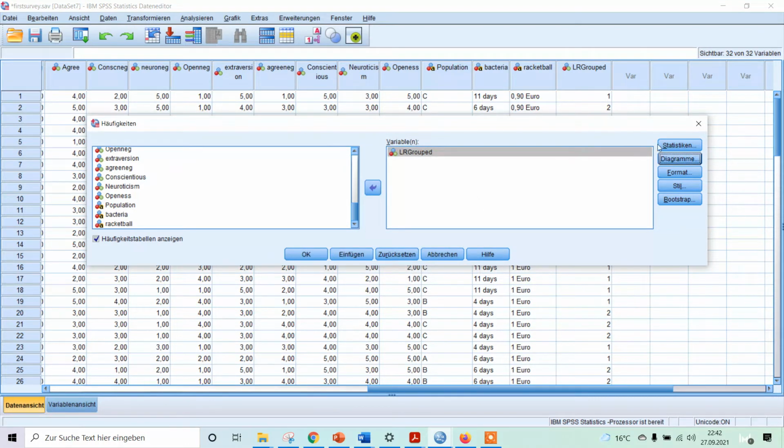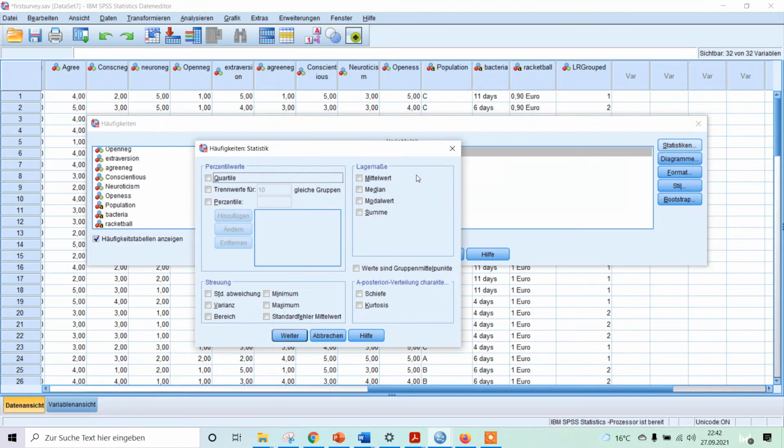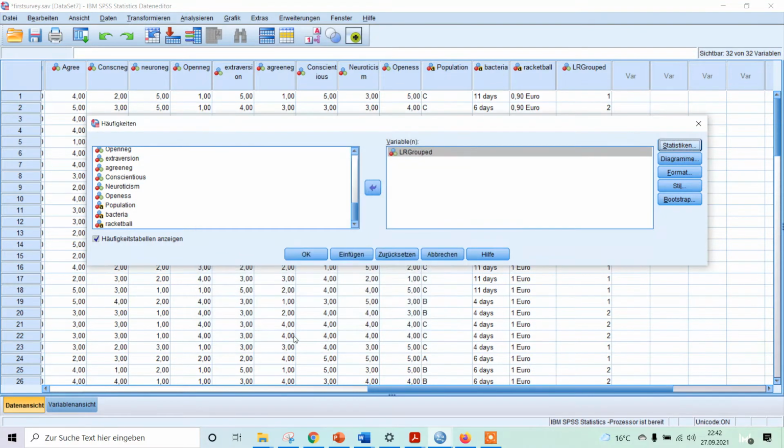We don't need statistics. We cannot calculate the mean or the standard deviation here, because we have ordinal scale data. We could calculate the median and the mode. So let's just click on OK and OK.